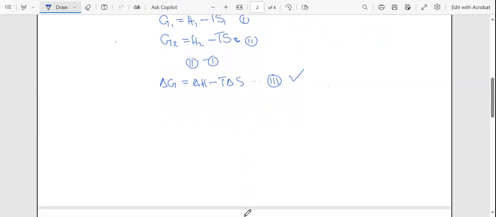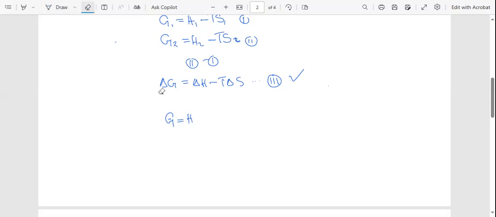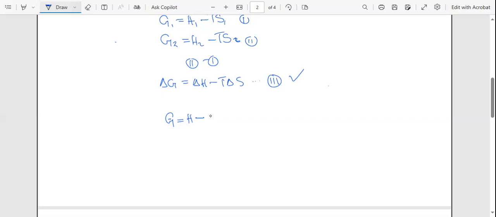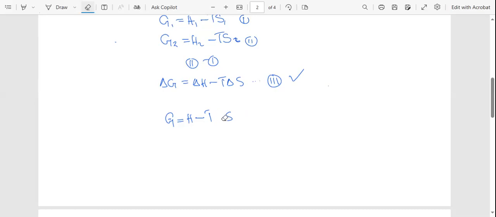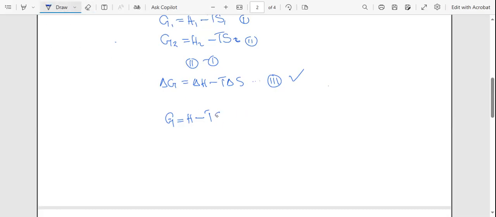From equation 3, we know that Gibbs is equal to H minus T delta S. This is the initial equation that I gave, so again we go back to it.